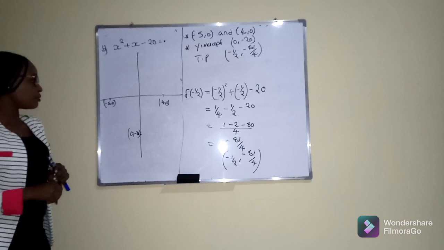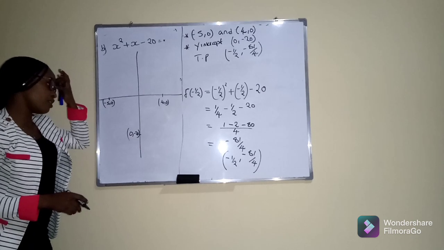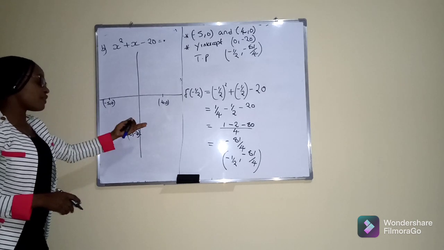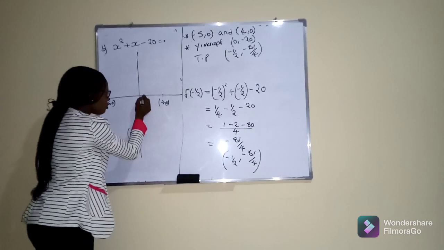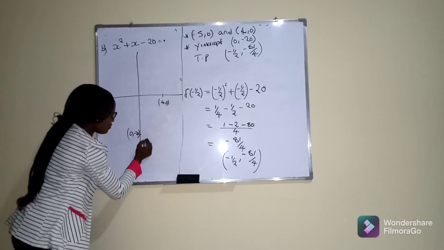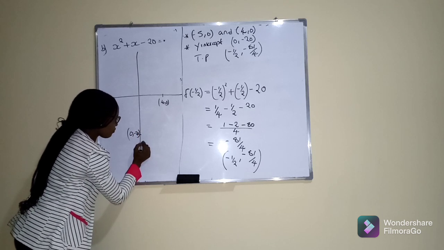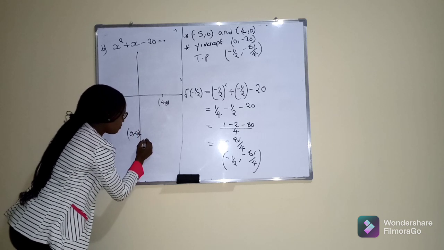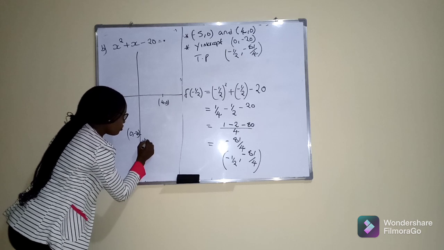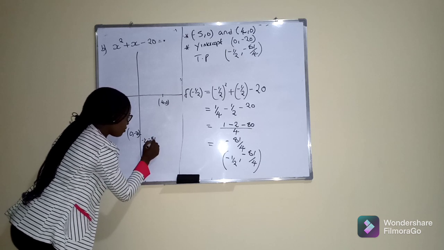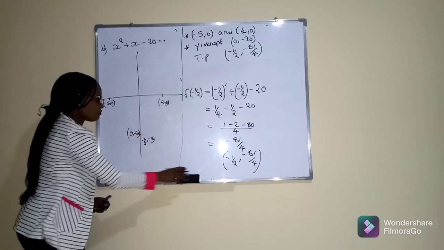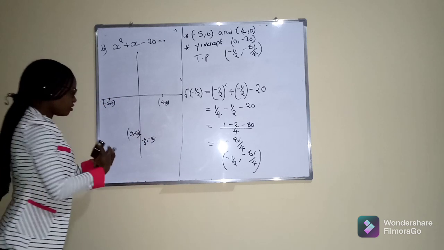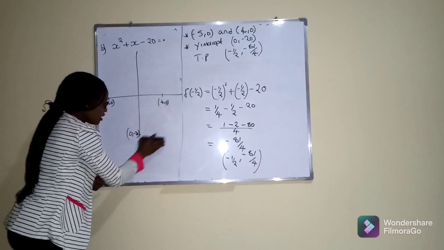And finally, we have negative 1 over 2, comma negative 81 over 4, which is going to be somewhere here. So this will be negative 1 over 2, comma negative 81 over, so sorry, it's not true that this is negative.